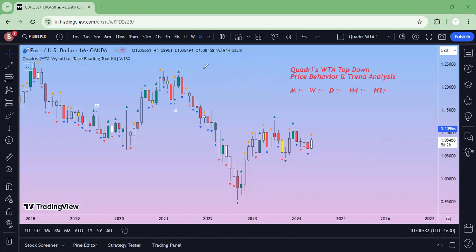So this entire toolkit is purely intended to identify what has happened in a particular session bar. If I'm looking at the monthly chart, I'm keen to see what has happened in terms of Wyckoff in this entire month.